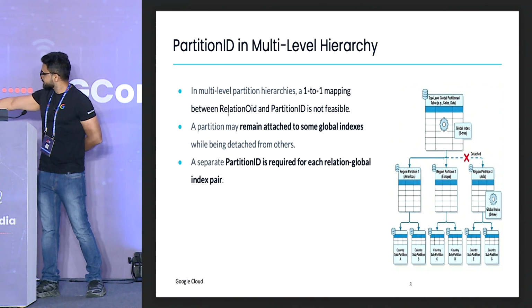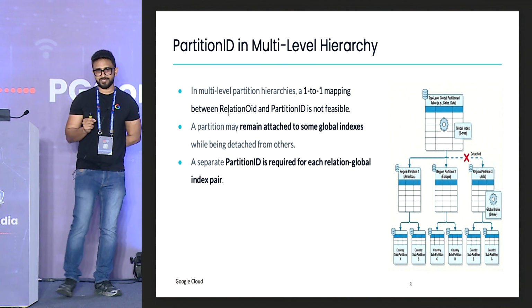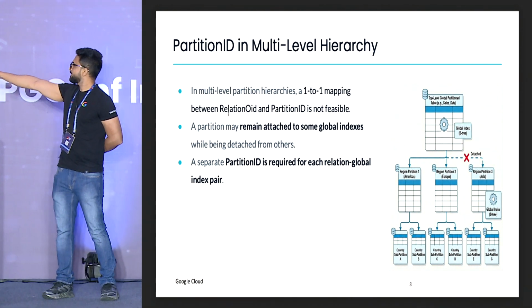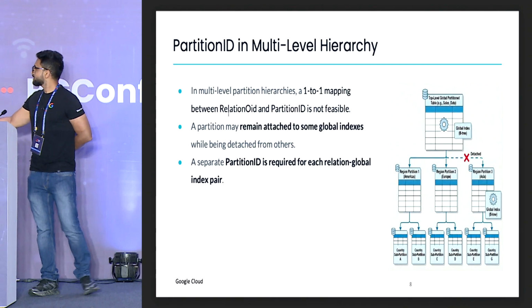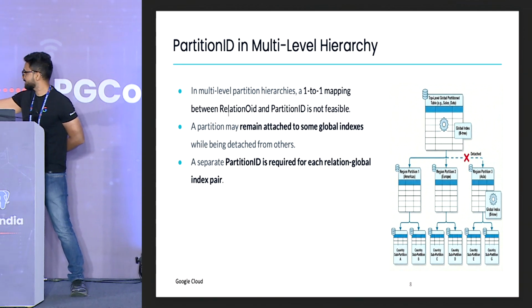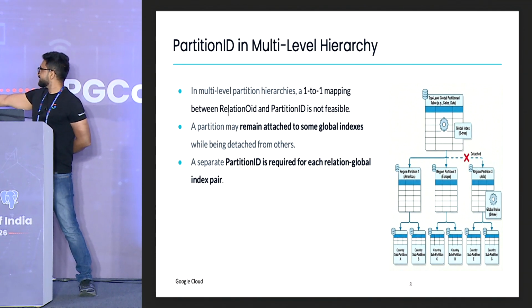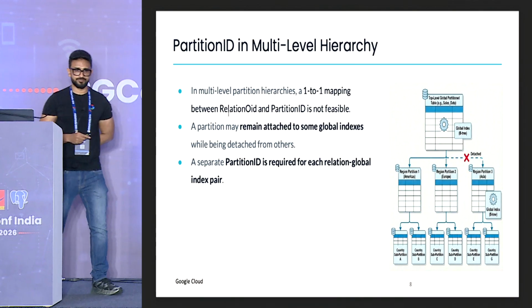So if I allocate a single partition ID for, say, the E partition, and I insert the tuple in both global indexes, the top-level global index as well as the second-level global index, and then I detach that partition hierarchy, you can see the red cross mark, I have detached that whole partition hierarchy. It means the partitions E and G need to remain attached to the global index at the second level, but they are supposed to get detached from the global index at the first level.